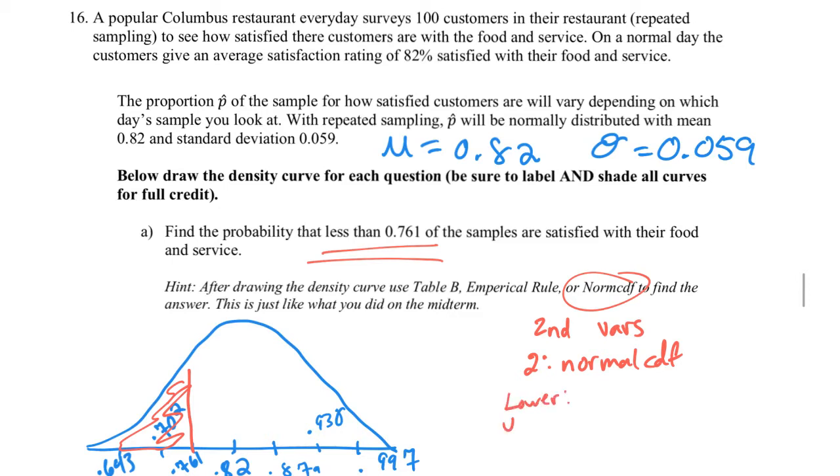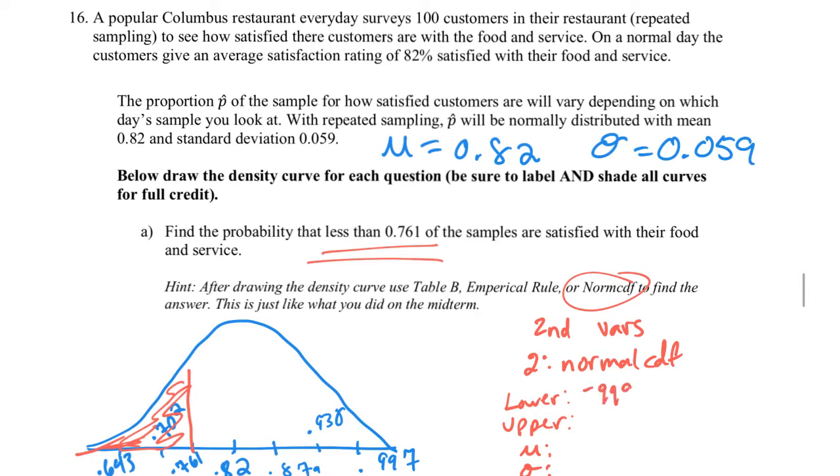Then we have our lower, our upper, our mean, well, they don't put mean, and our standard deviation. It's everything less than, so it basically goes off to negative infinity. We don't type that in.